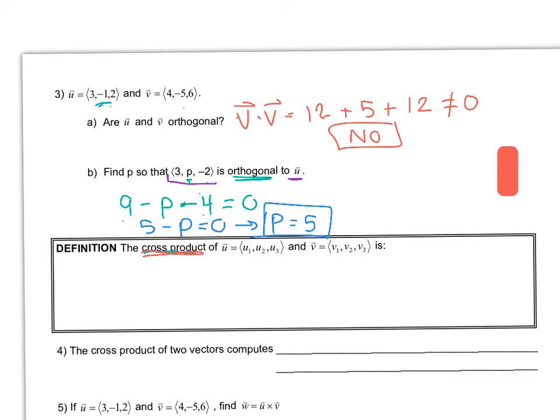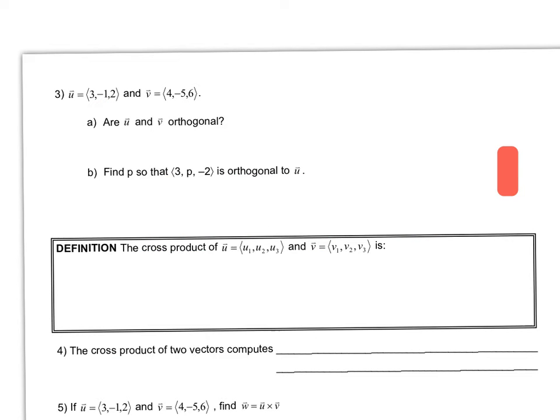Okay, so the cross product of u and v. We notate that with u and then a cross v. So it's different from dot product, obviously, because instead of a dot, we put an X there. So the names match very closely with the notation. Before I show you the formula for cross product, I'm going to show you what it computes first.